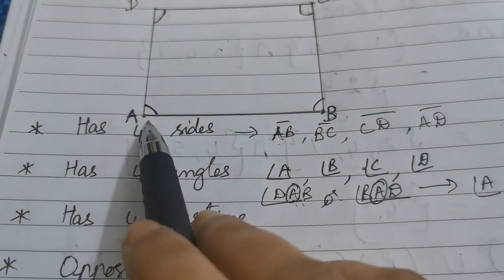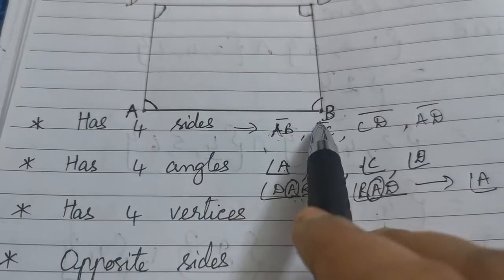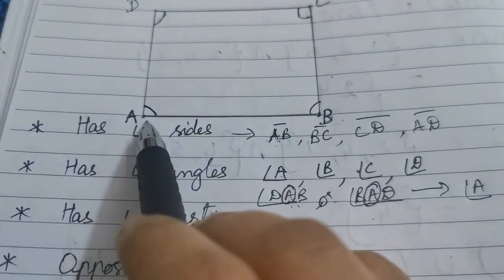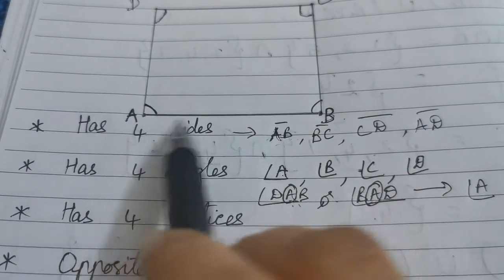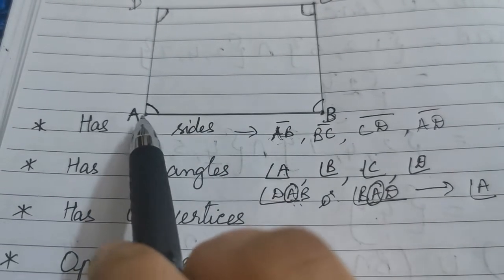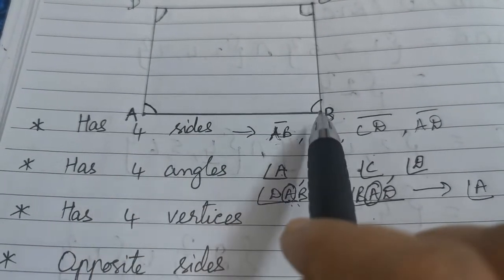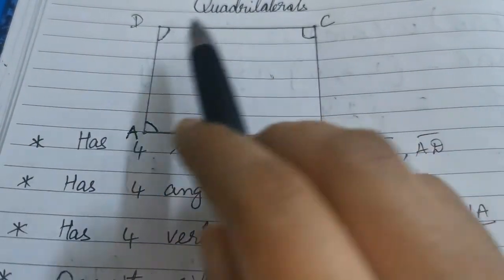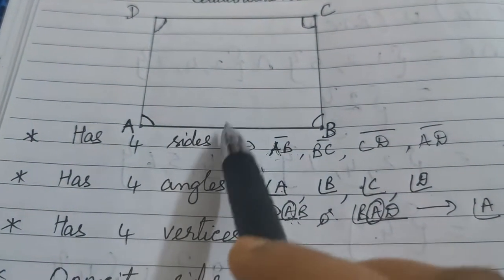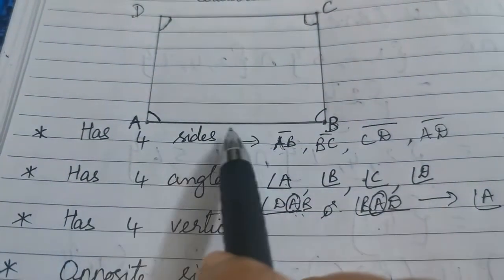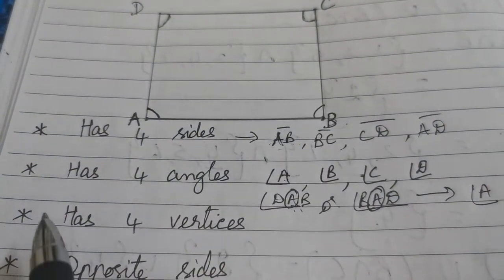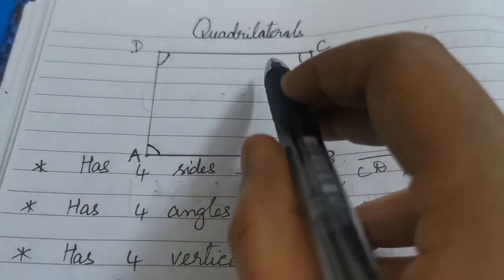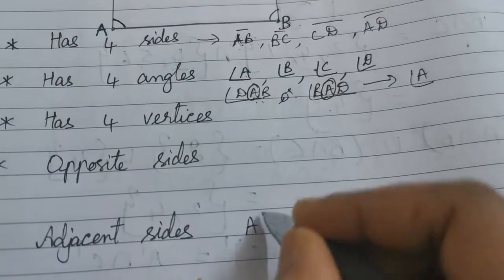Now, if you take the line segment AB and the line segment CD, you don't have any vertex in common. The line segment AB is formed using the vertices A and B, and the line segment CD is formed using the vertices C and D. So this line segment and this line segment do not have anything in common. So they are called opposite sides. Therefore, AB and CD are opposite sides.